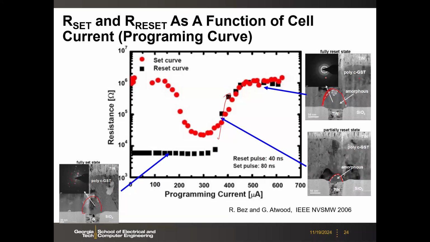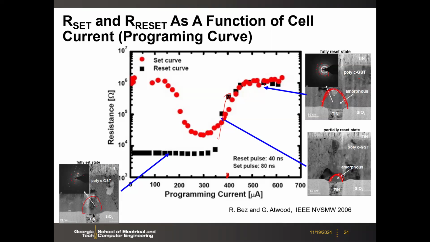So if you do the electron diffraction, you don't see these dots. In this case you don't see that repetitive pattern. So here this is really an amorphous state. So actually depending on the current, for example here you apply like 400 micron, you get some intermediate value. That's because this amorphous region is kind of small. But if you increase the current to 600 micron, then you see that this amorphous region is large.